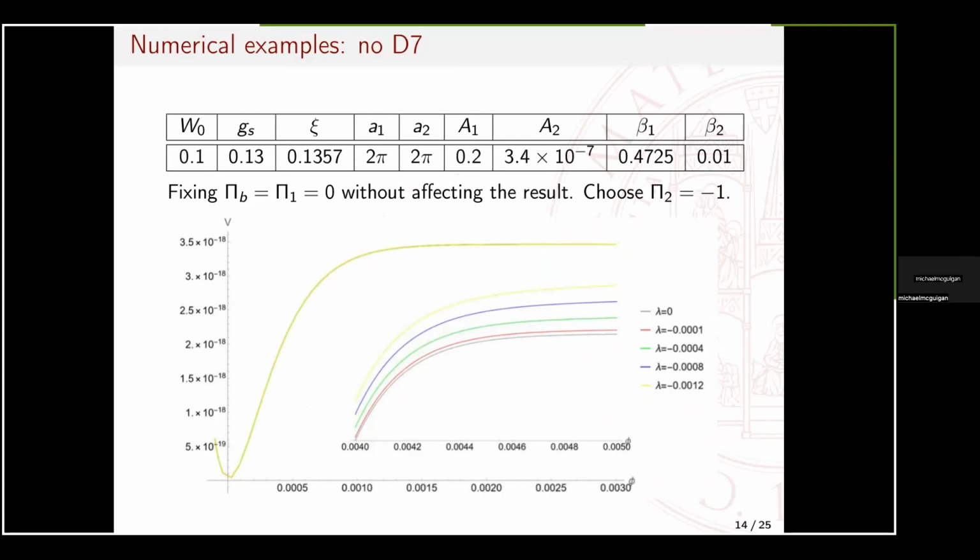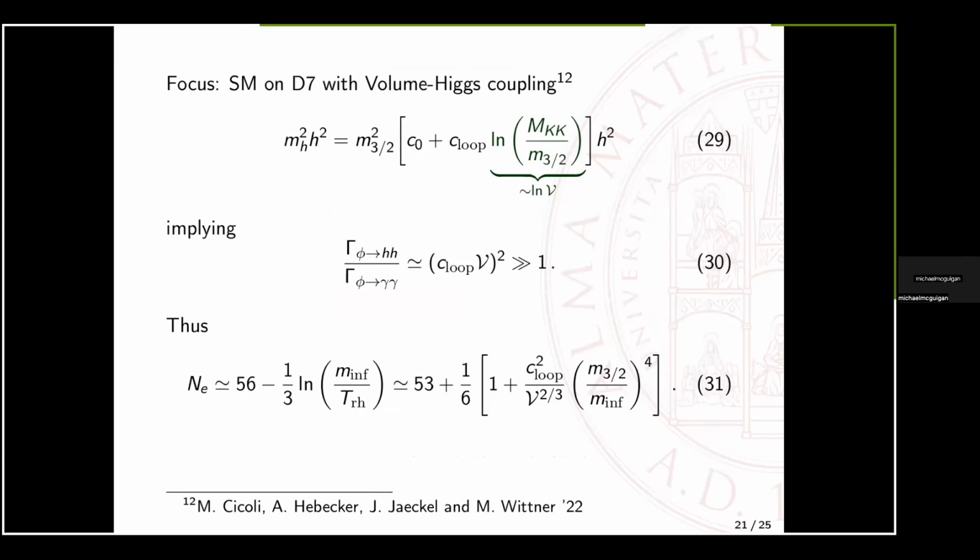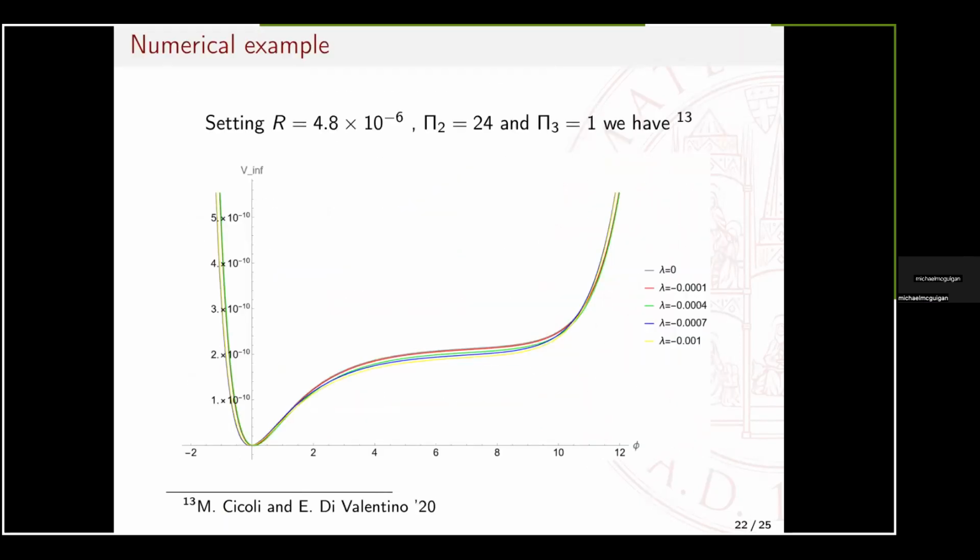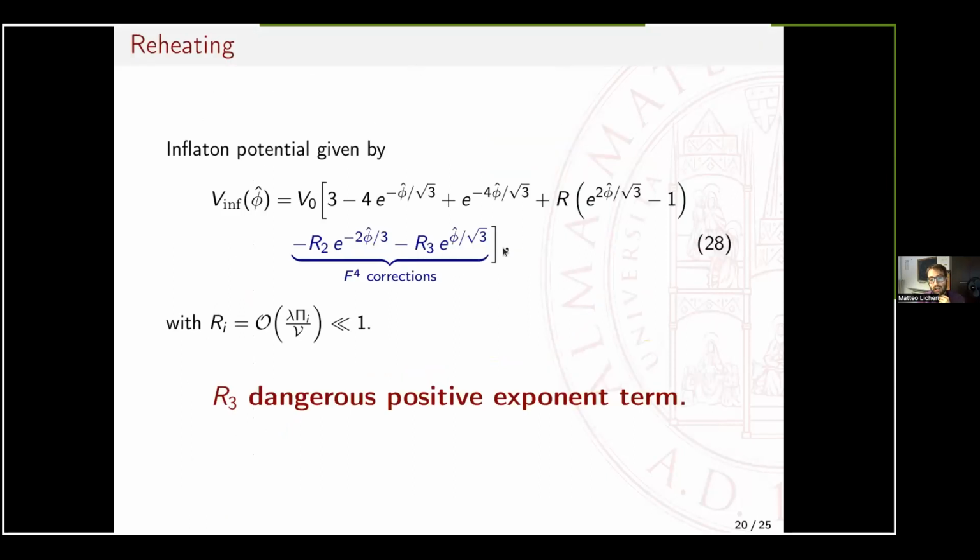But the fact that this particular plot goes flat to the right, whereas the other one goes up, are there any implications? Does that have any effect on observables, or it doesn't really matter? Well, the steepness changes the slow roll, basically the point of exit of inflation. Changing the steepness means we are enhancing this R³ correction, which will increase the steepness, and so the inflaton will change its exit point.